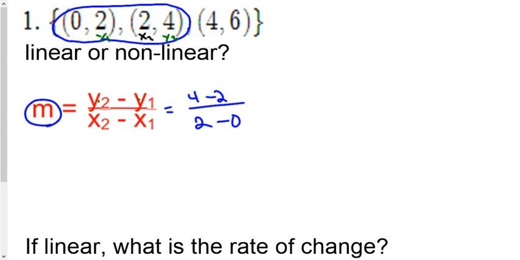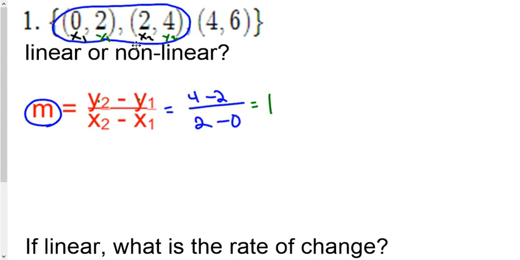This would be x2, because this is y2. They're together, it's the second point. So x2 minus x1, 2 minus 0. After you work the whole thing out, yes, it does equal 2 over 2, but if you plug that straight into your calculator, it simplifies 2 over 2 to positive 1.